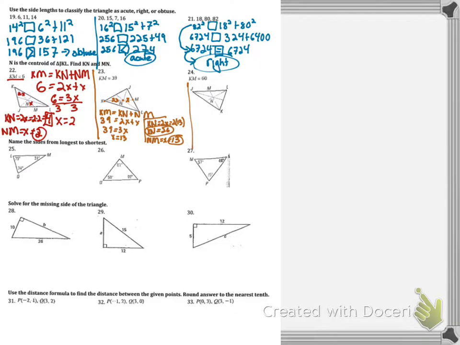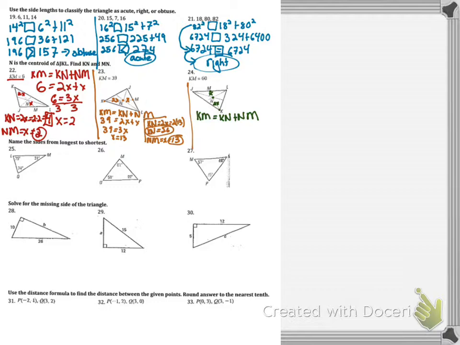And the last one of this style, we have KM, our total segment, equals the length of its parts, KN plus NM. We see that the part from the vertex to the centroid is 2x. The part from the centroid to the side that it bisects is x.